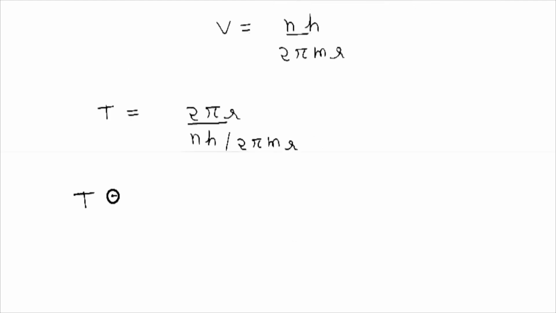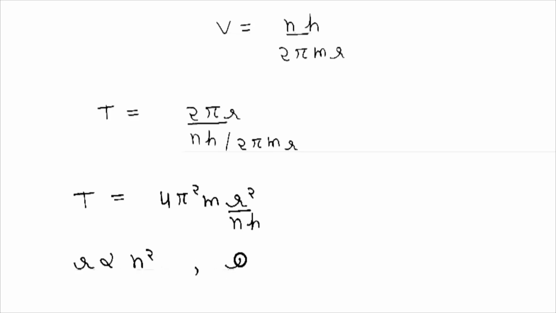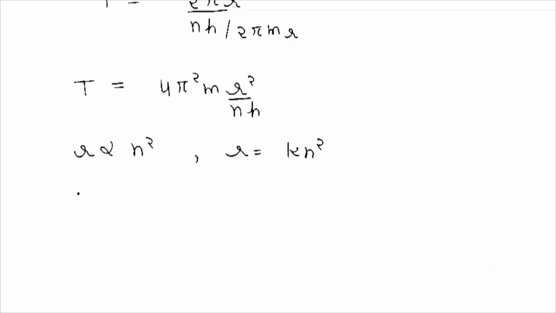So T is equal to 4π²mr² upon nh. R is directly proportional to n², so r is equal to a constant k·n². Put the value of radius r in the time period: T = 4π²m upon nh, and the value of r is (kn²) to the whole square.